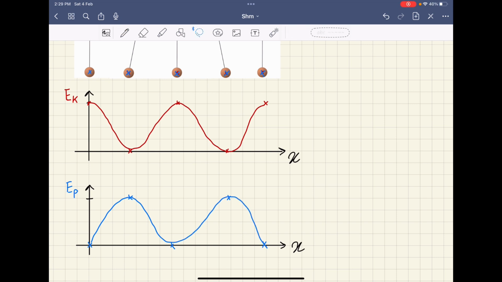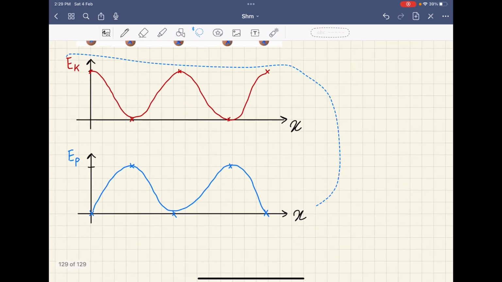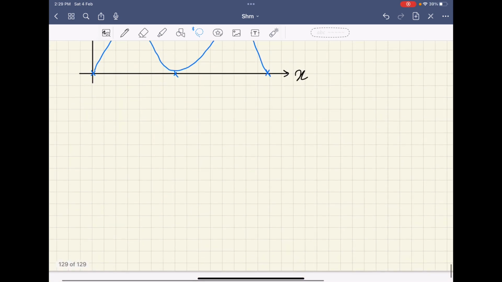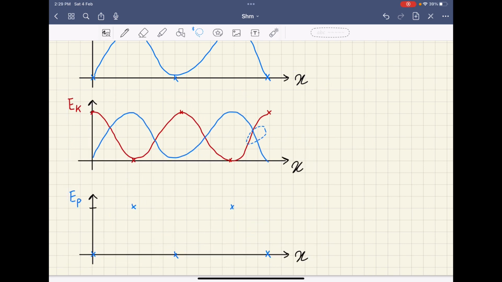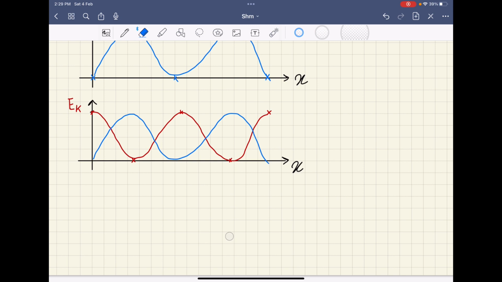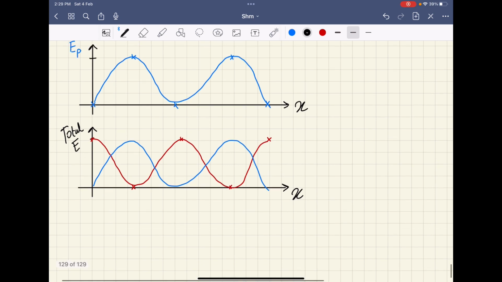So you can see that if you join both of these graphs together, you get the total energy ET, and the total energy is a straight line.